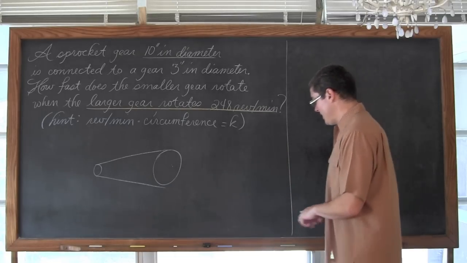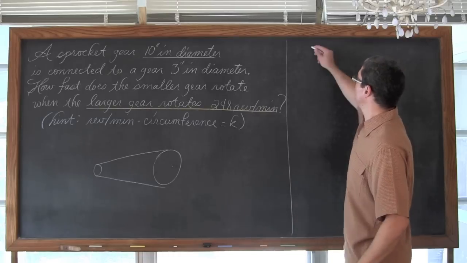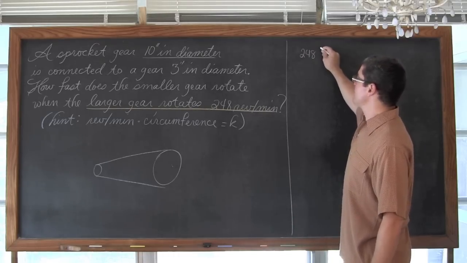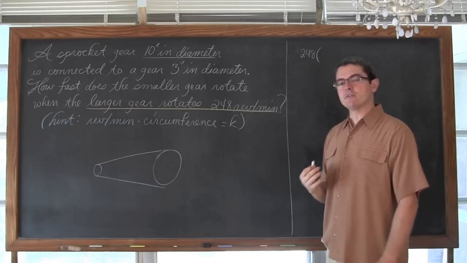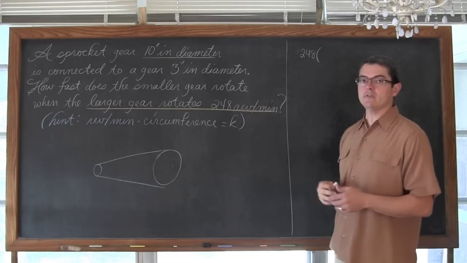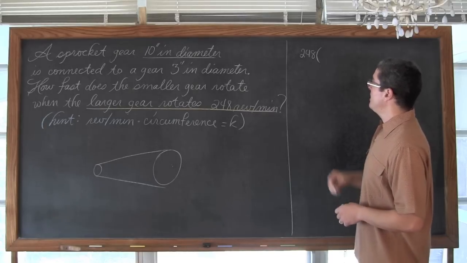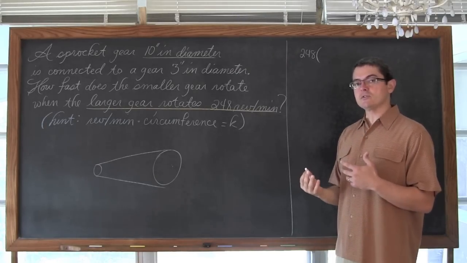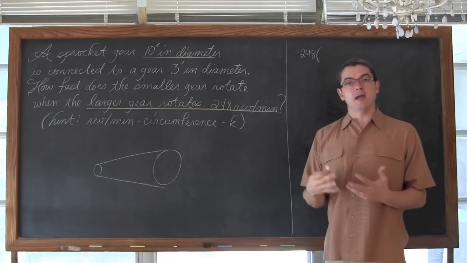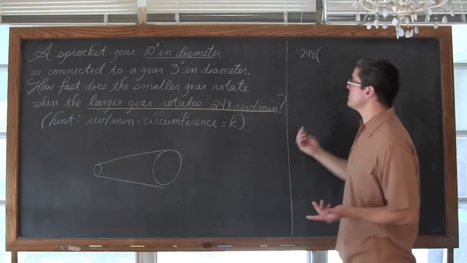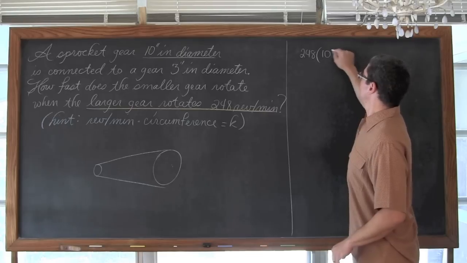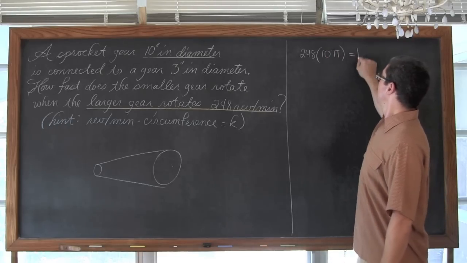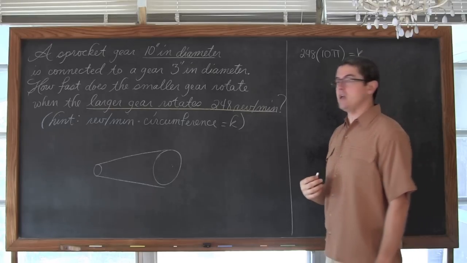So we have revolutions per minute, which is equal to 248. We have circumference. The circumference of the front large gear: the diameter is 10. Well, circumference is equal to either 2 pi r or diameter times pi. So our diameter is 10. We multiply that by pi to find the circumference of the large gear, and that is equal to our constant of change.